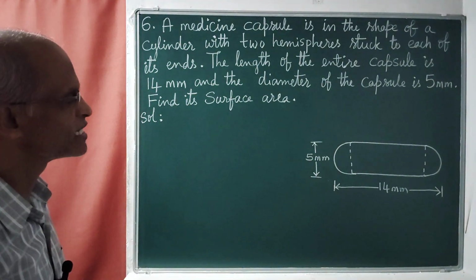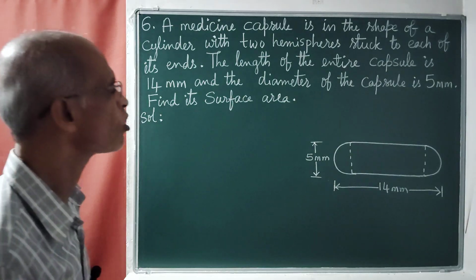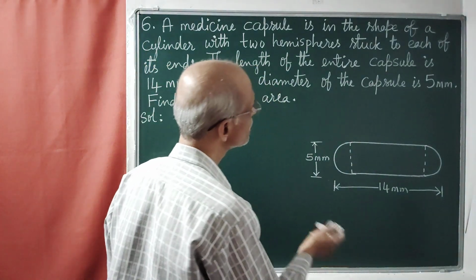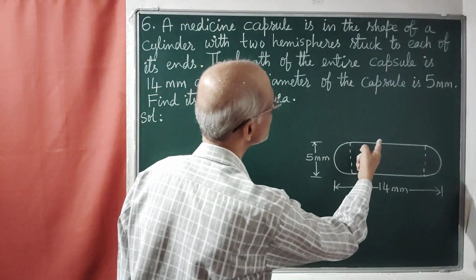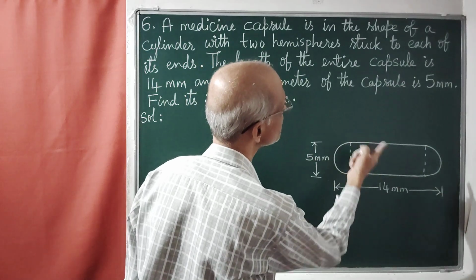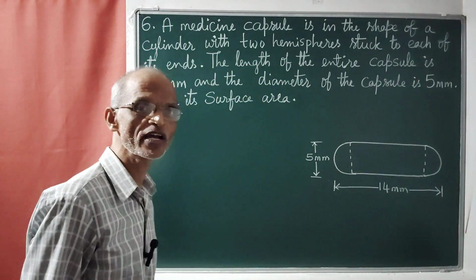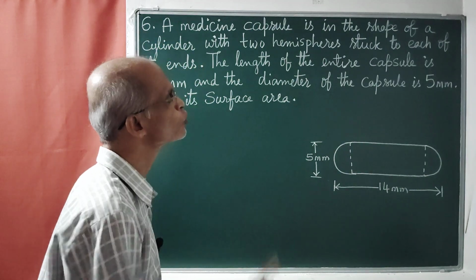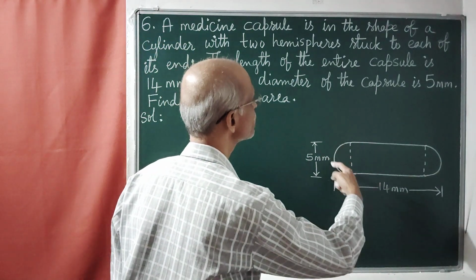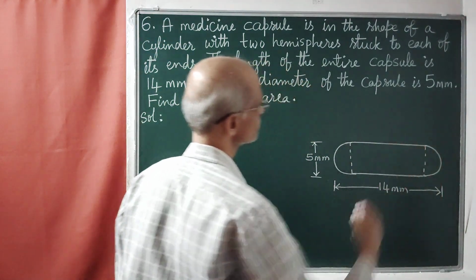So the surface area of the capsule means what? CSA of the cylinder, that is curved surface area of the cylinder, plus 2 into CSA of the hemisphere.